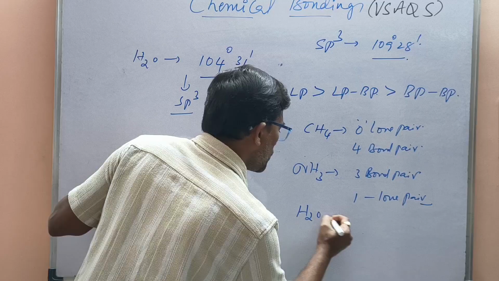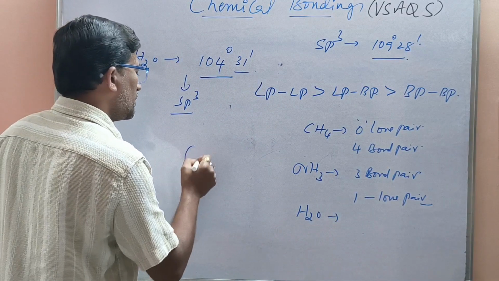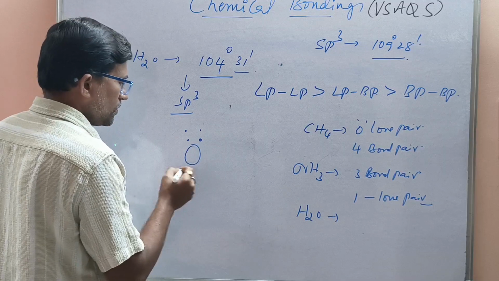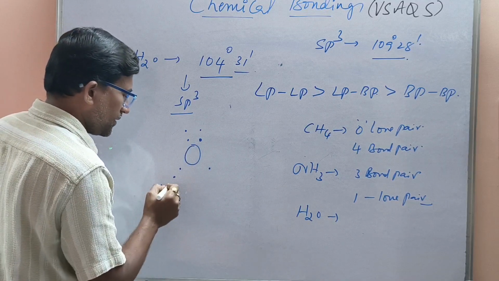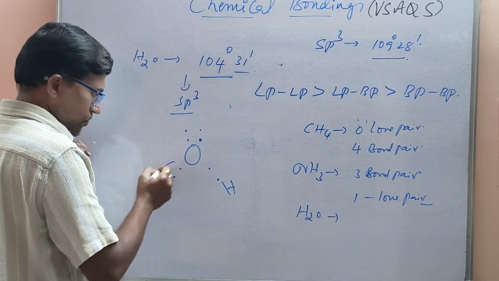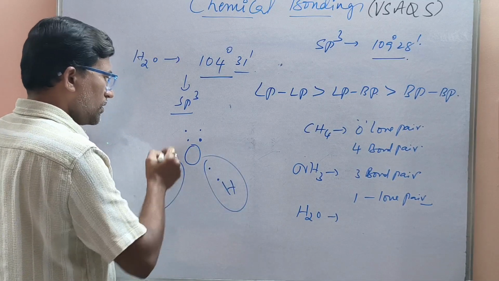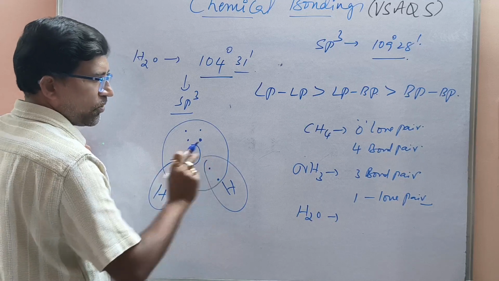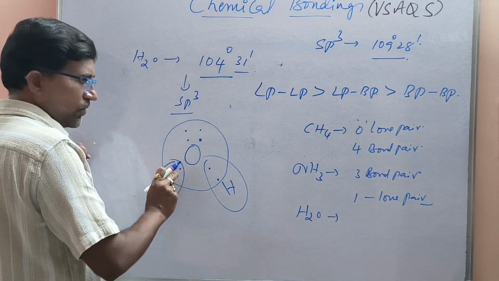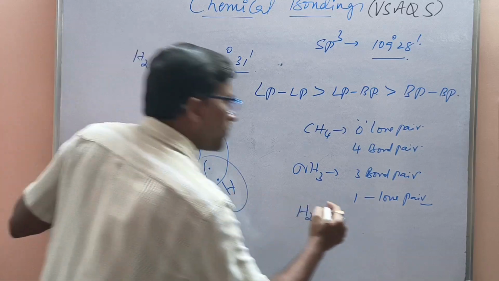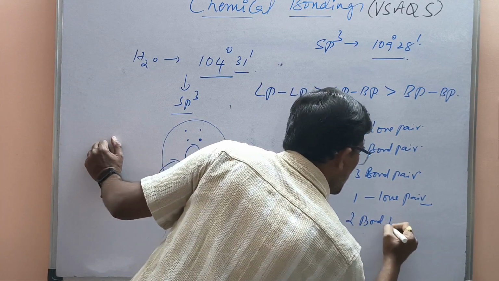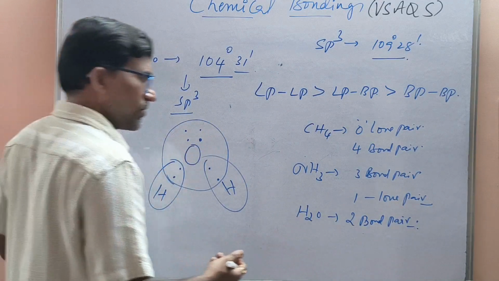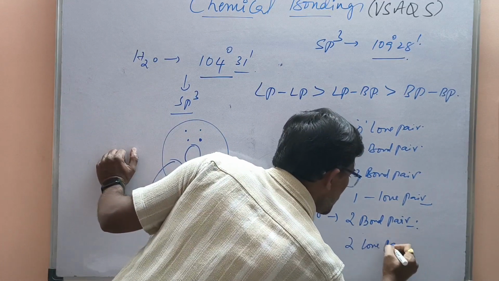And in the case of the water molecule, if I draw the structure, here we have a lone pair of electrons, here is a hydrogen atom and here is a hydrogen. This is one bond pair, this is one bond pair. So in water, we have 1 plus 1, 2 bond pairs. Whereas lone pairs are how many? 2 lone pairs. Okay. So 2 lone pairs.